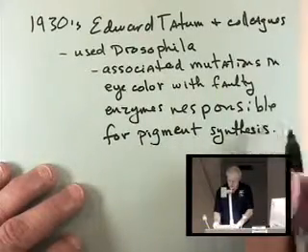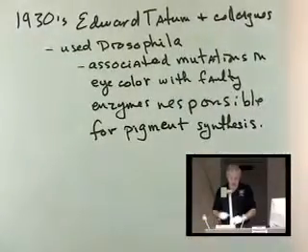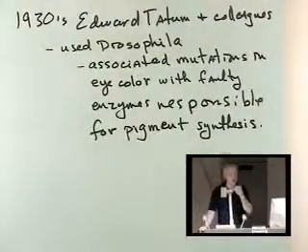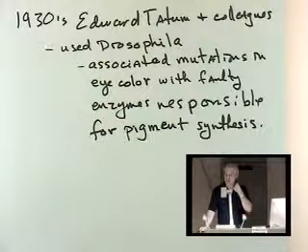So this was critical because the association was made with the expression of the gene, getting the gene product, the protein, but it just doesn't do what it would be normally expected to do.